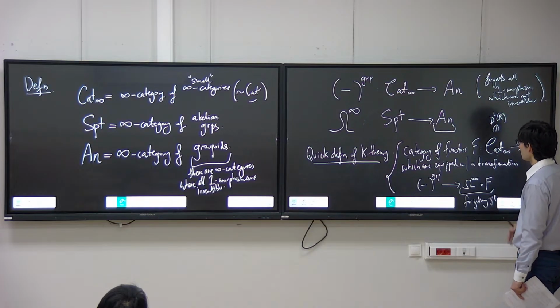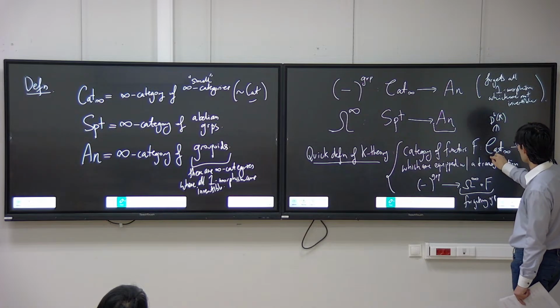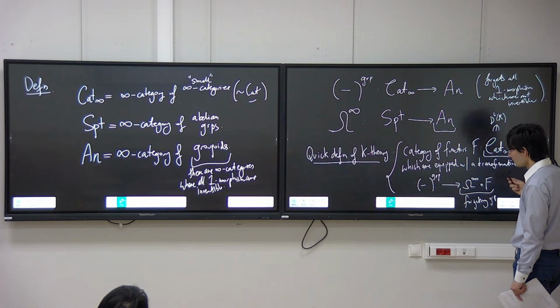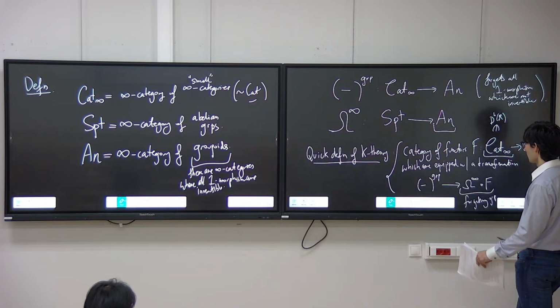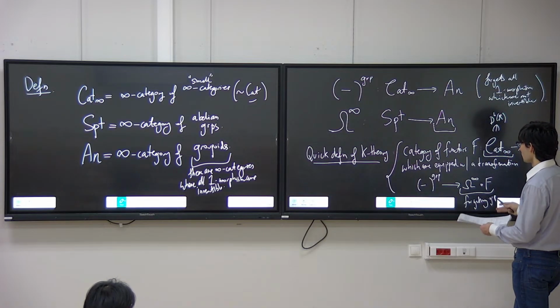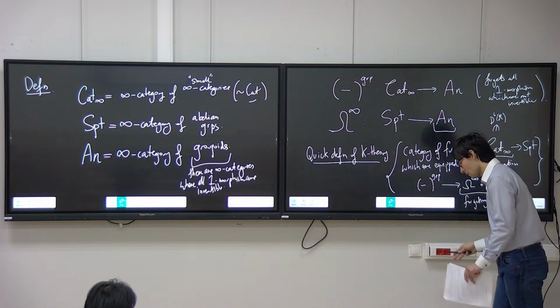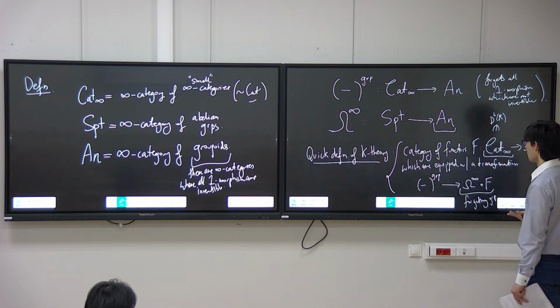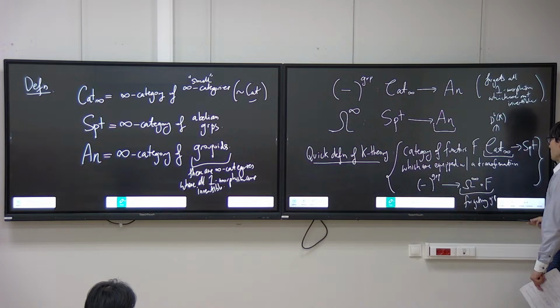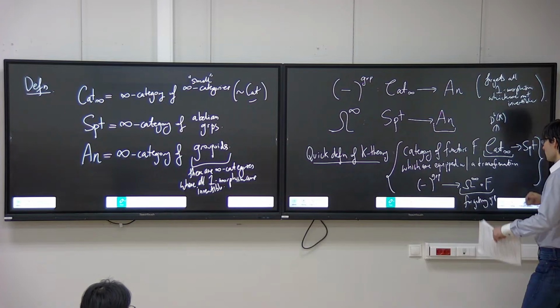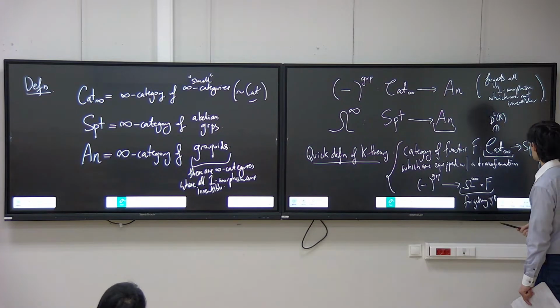But due to some technical issues, we can't really work with Cat infinity. It's a bit too big, and it doesn't satisfy enough descent properties. It's not clear that this category has an initial object. So to cut out an initial object, we also need to work with a version of this which satisfies enough descent properties.